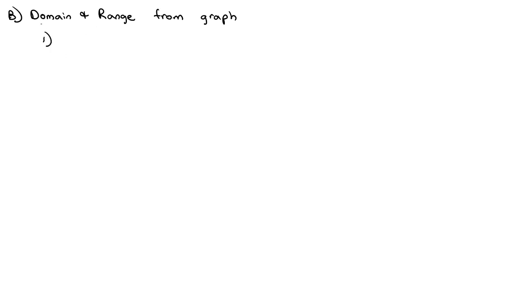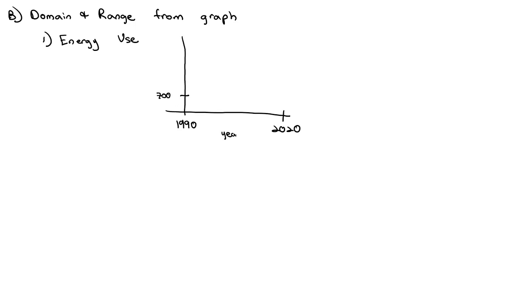First example, let's start with an example of some application. Let's look at energy use. And let's say energy use has been graphed where they have 1990 up to 2020. And let's say it starts down here at 700, so we've got years on the bottom.